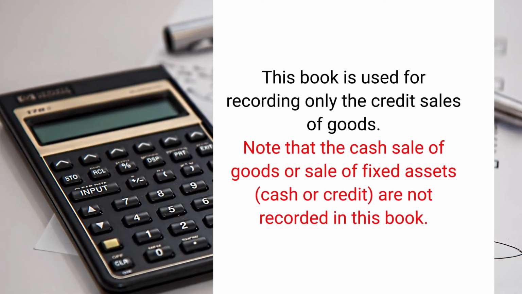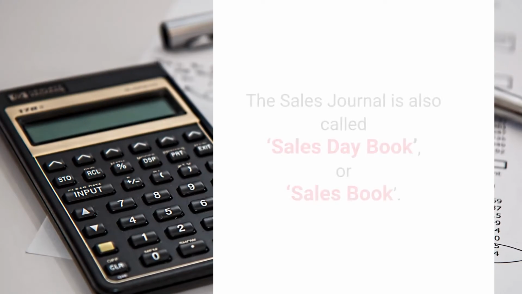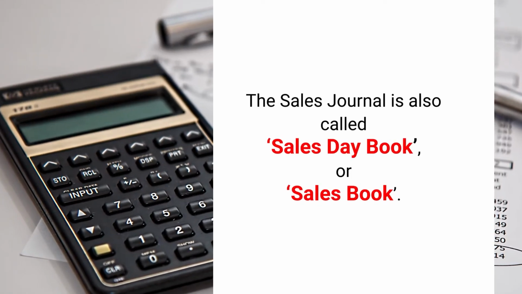When the goods are sold on cash basis, this transaction is recorded in the cash book. But dear learners, when the goods are sold on credit basis, such transactions are recorded in the sales journal. It is also known as sales book.